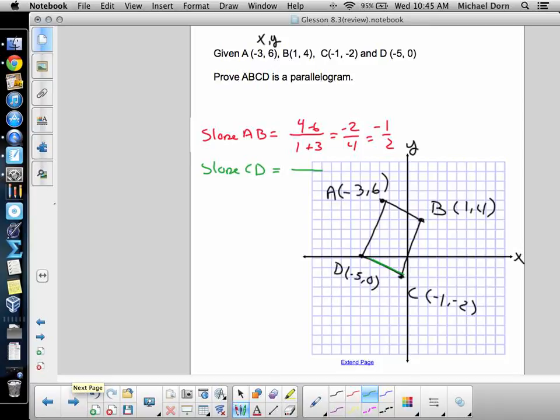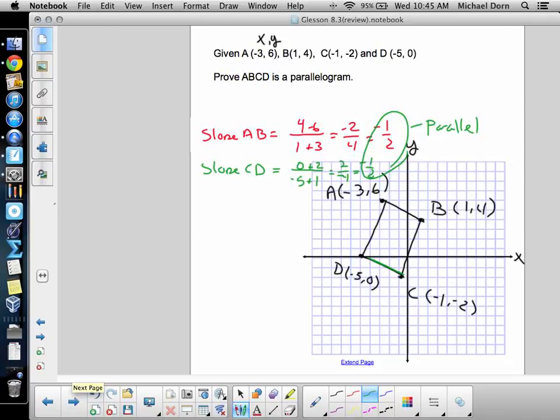Set up my formula. 0 minus negative 2, so 0 plus 2, over negative 5 minus negative 1, or negative 5 plus 1. So that's 2 over negative 4, which is negative 1/2. Aha. Parallel.